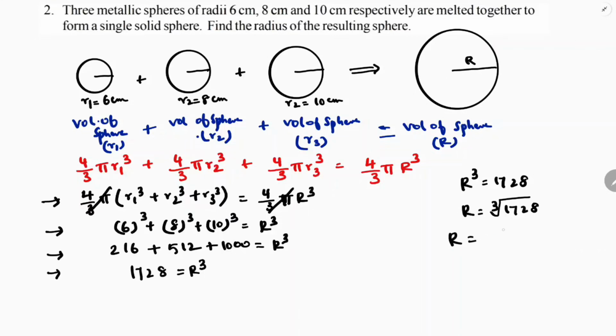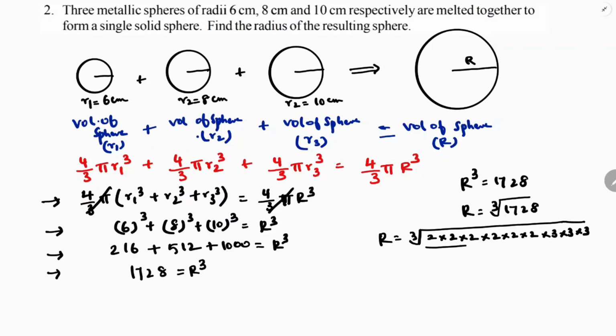So if you do prime factorization, you'll get 2 into 2 into 2, 2 into 2 into 2, and 3 into 3 into 3.